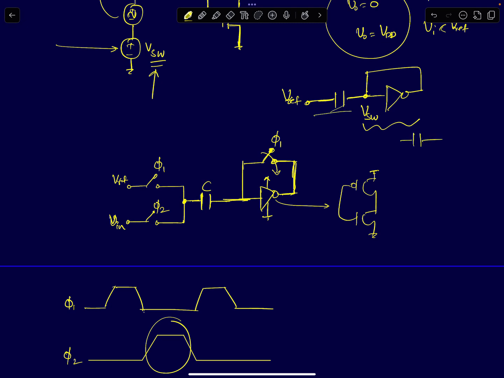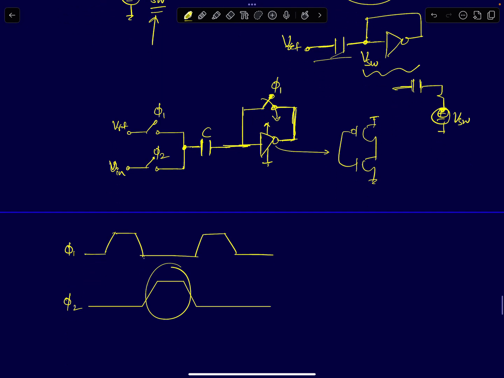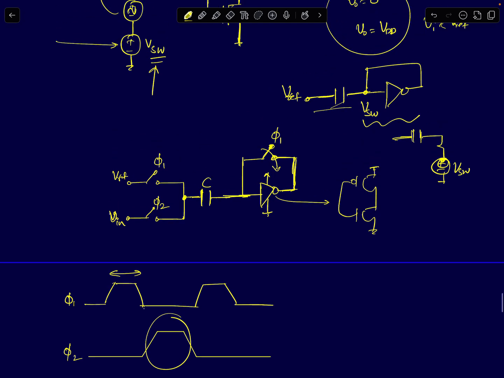It's like connecting a capacitor to a resistor; you can treat it like a resistor with a voltage source of plus V switching threshold. Assume this RC time constant is so small that within this on period of the clock phi 1, the capacitor will be charged to a voltage of Vref minus VSW.